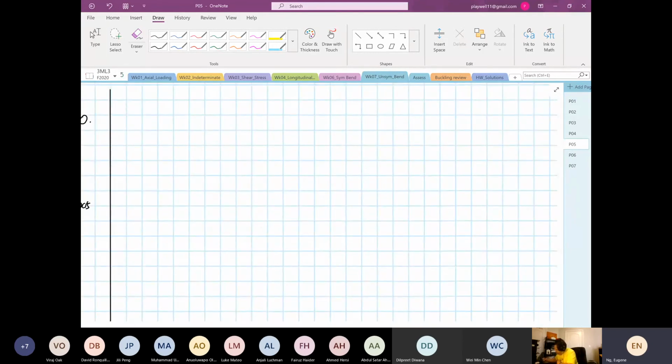Because if we look at the function where we have stress in the x direction is equal to plus or minus P x over A, plus or minus, I'm not bothered, Mz over Izz multiplied by y.